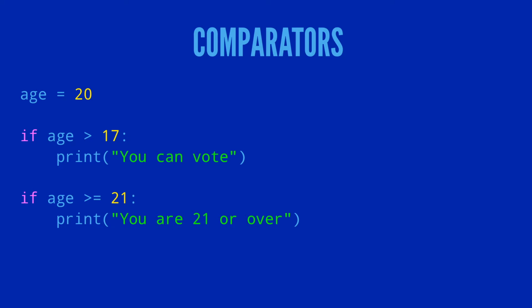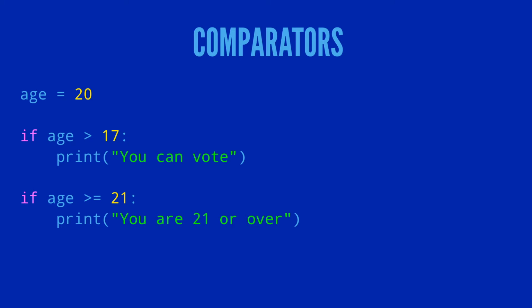And then the second if statement: if age is greater than or equal to 21. Again, age contains the value of 20, so we're asking the question, is 20 greater than or equal to 21? The answer is no, so it completely skips the content of that if statement, and it will not print you are 21 or over.